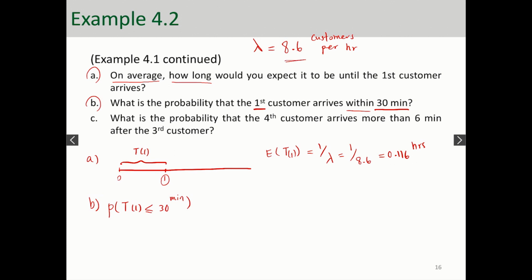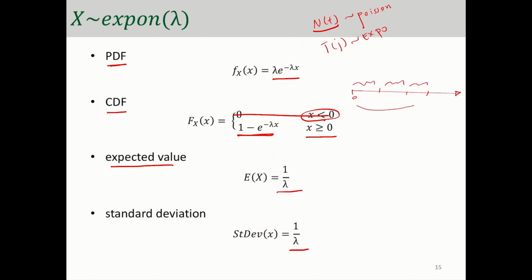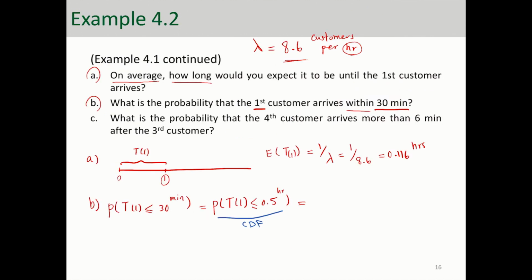Because our lambda is in terms of hours, we're going to convert that to hours. So probability of T1 less than half an hour. And if you notice, this is the form of a CDF, right? CDF of exponential. It's right here: 1 minus e to the negative lambda x.